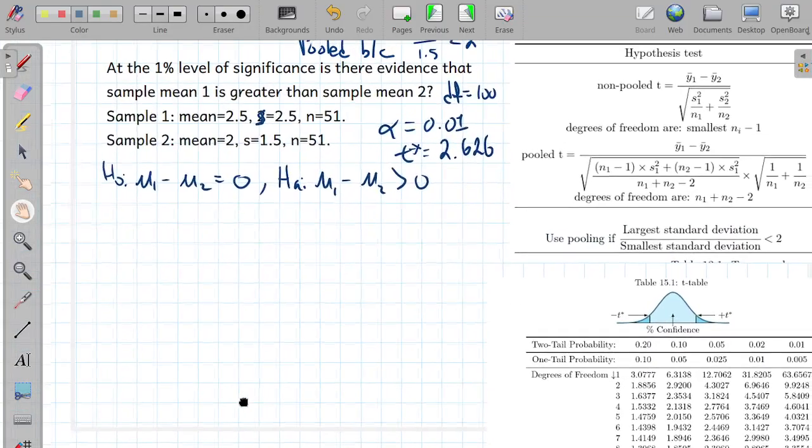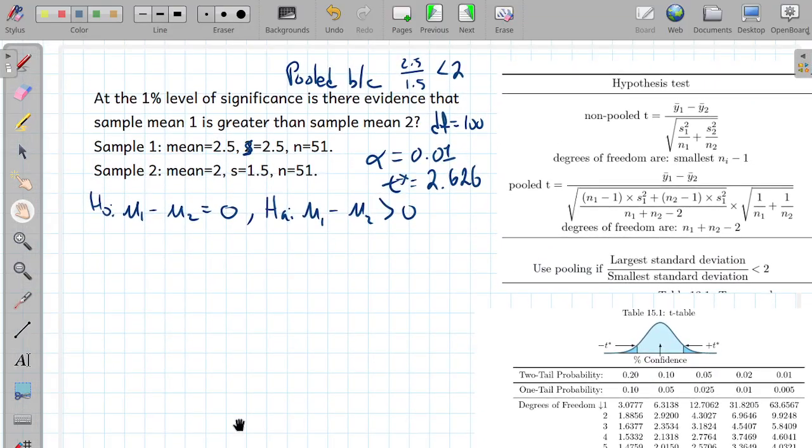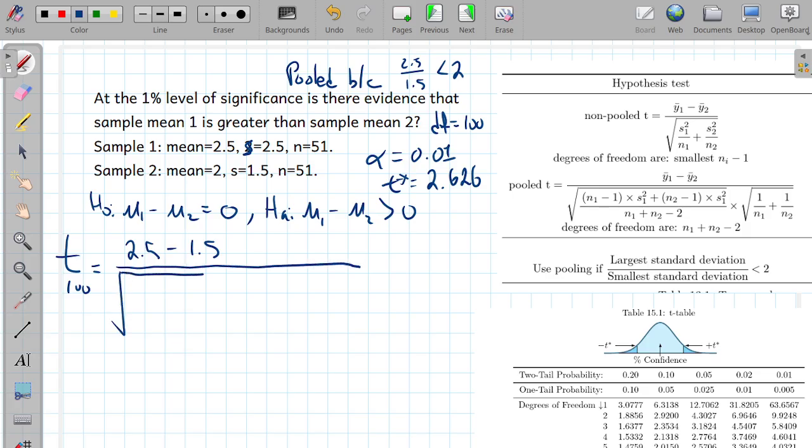Now, let's write this out. So t on 100 degrees of freedom. And we're using this formula here for pooled t. Measured difference is going to be 2.5 minus 1.5. There's our numerator. And we have 2 square roots to deal with in the denominator.